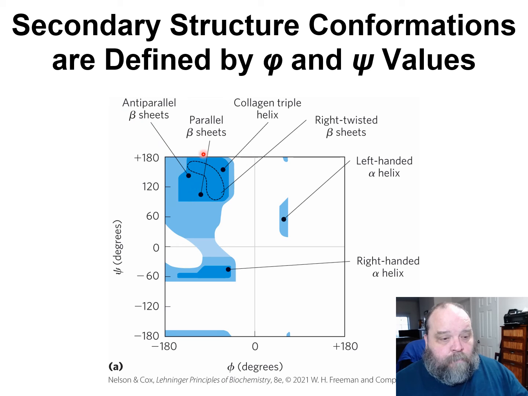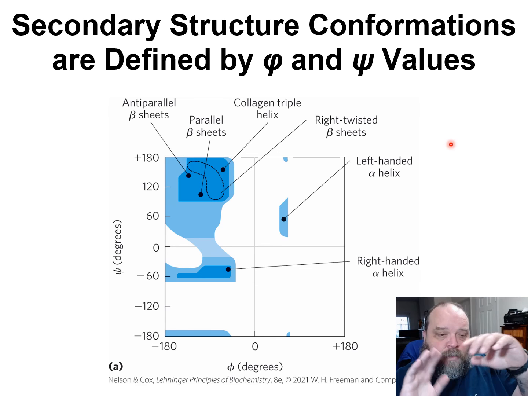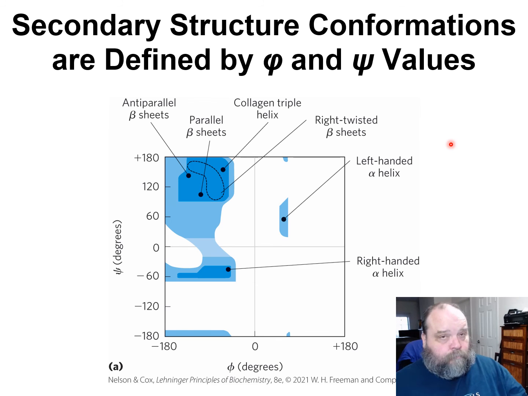Beta sheets, parallel, anti-parallel. And here in this little bean-shaped area, this is where the right twist beta sheets are. Yes, even the beta sheets, when you get them laid down next to each other, can form a twisted sheet. It's not always going to be that up-down pleated formation.